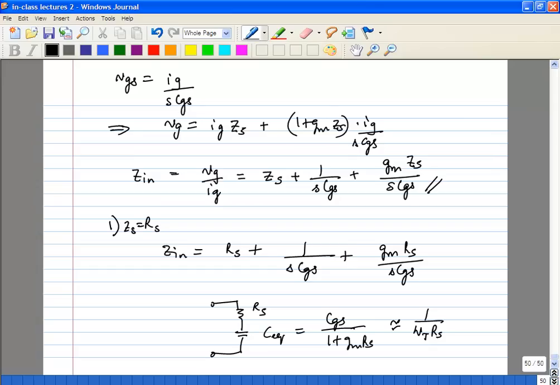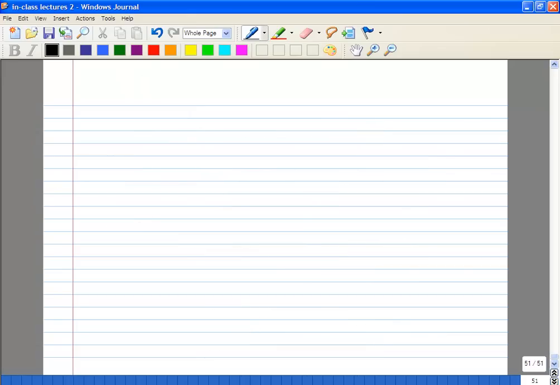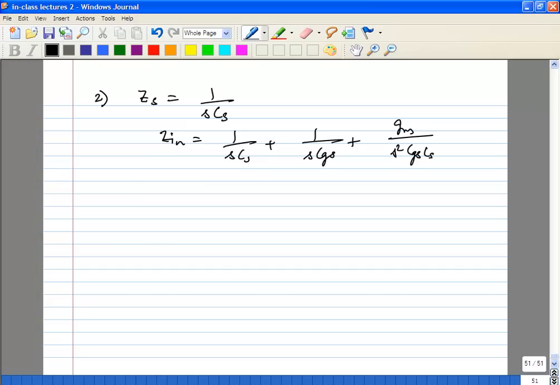But that's not what we want anyways. So what happens when you put Zs equals a capacitor Cs? It's 1 over sCs plus the rest.